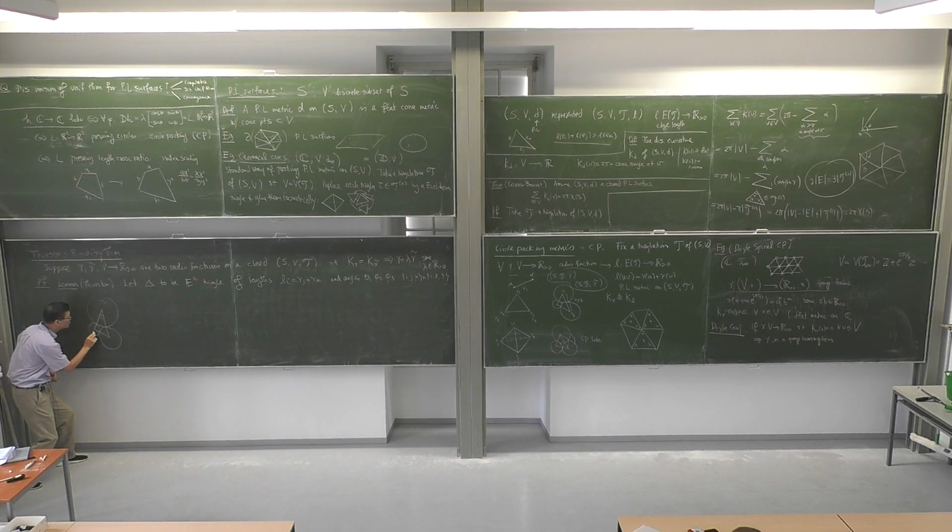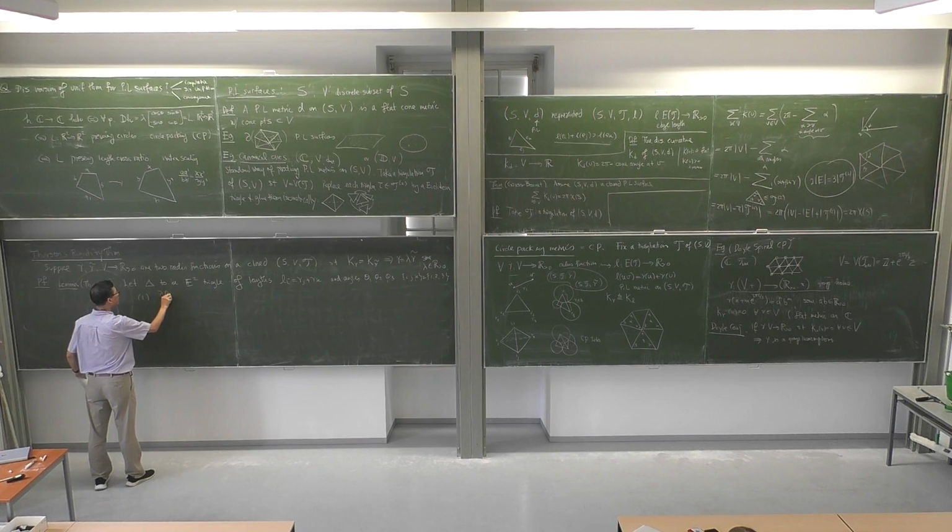So here you have three pairwise tangent circles. Let's fix R_j and R_k. I'm going to increase the radius of R_i. So we're going to make it a little bit bigger. And let's now take a look at what happened to the angles. And you see this top angle is going to be decreasing, and the two side angles are going to be increasing. And that's Thurston's observation. So then partial theta_i, partial R_i is going to be negative.